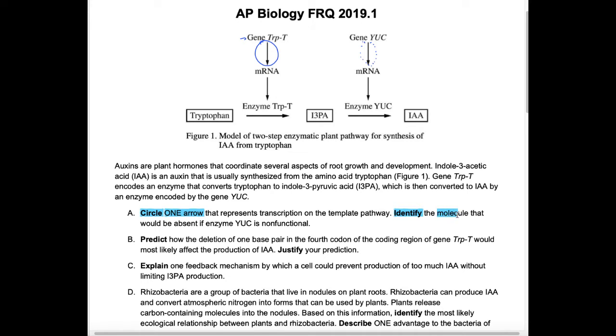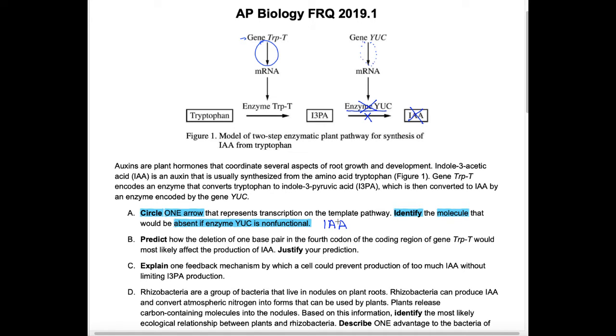So we want to know the molecule under the condition of YUC being non-functional. Taking a look at the pathway itself, here is our enzyme YUC. If we eliminated this from the pathway, we know that we cannot convert I3PA over to IAA, and so this guy right here will not be present. So our molecule that's going to be absent is IAA.